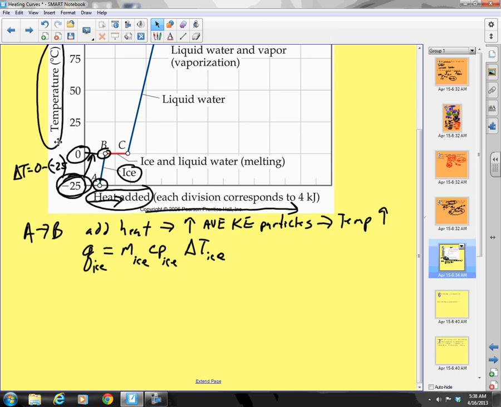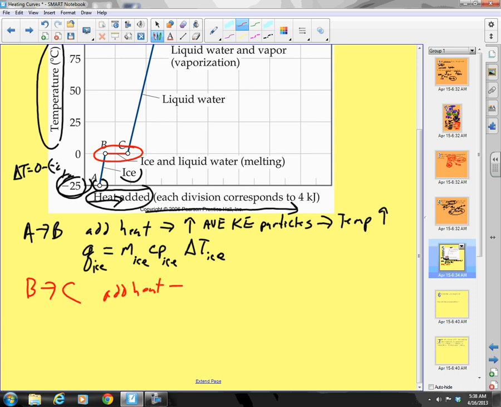Now, what happens next? We go from B to C. And notice, as I go from B to C, what happens? Something happens. I keep adding heat, but there is no change in average kinetic energy.